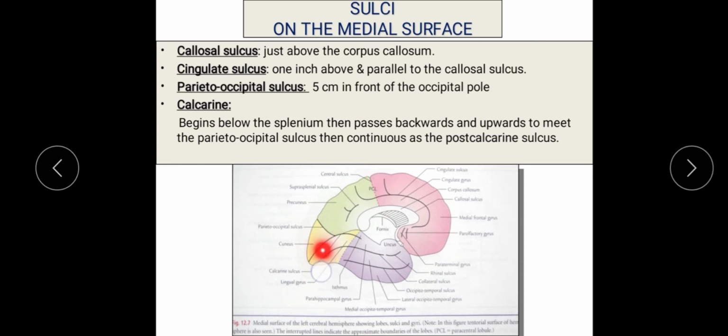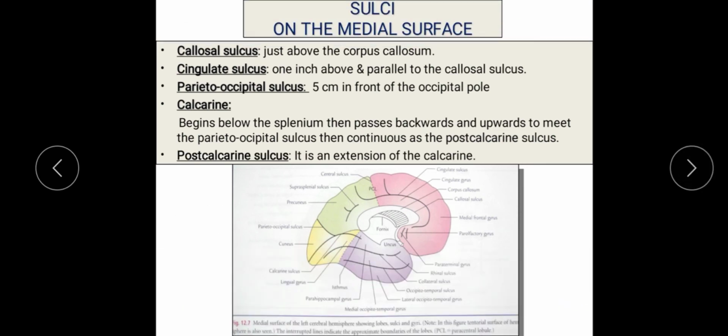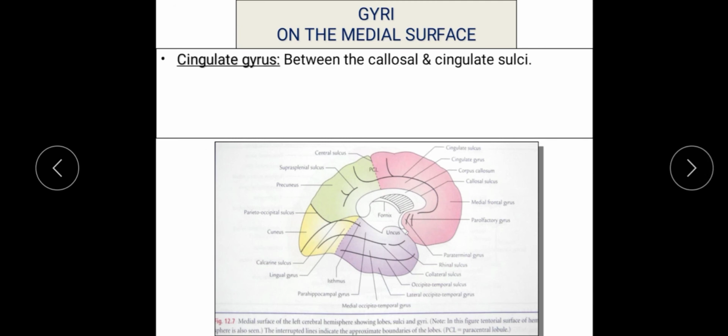The posterior extension of the calcarine sulcus is known as post-calcarine sulcus. These are the 5 sulci on the medial surface.